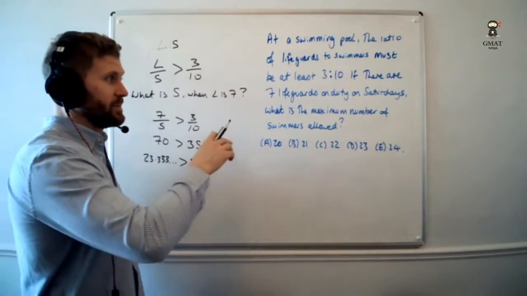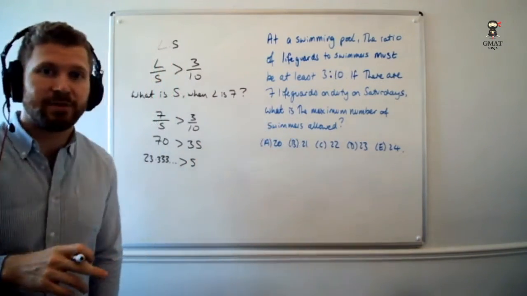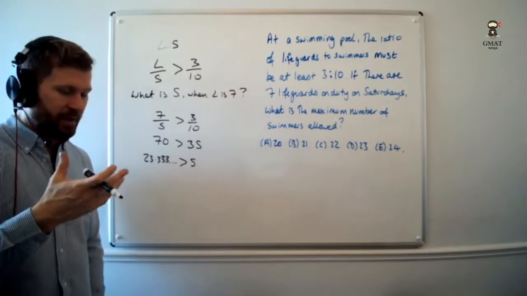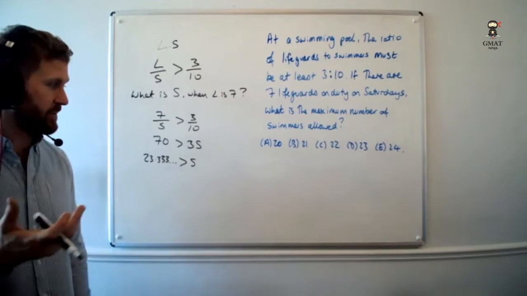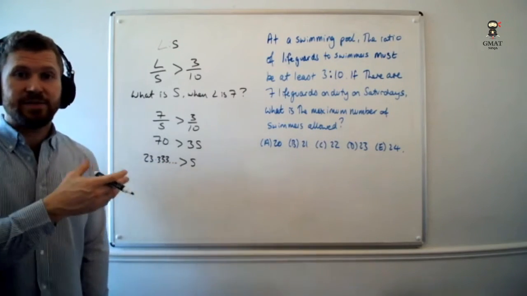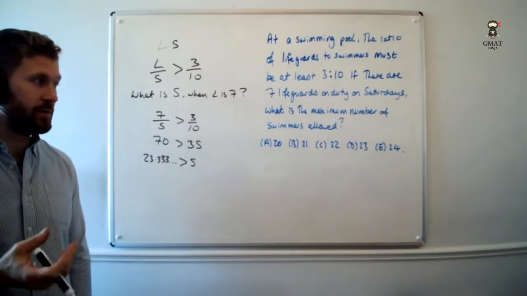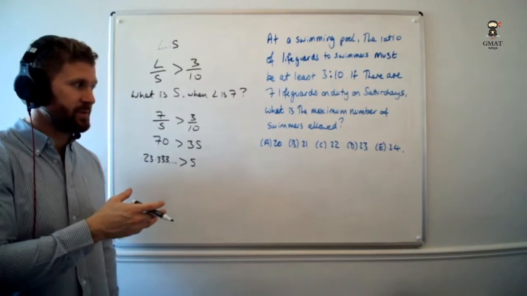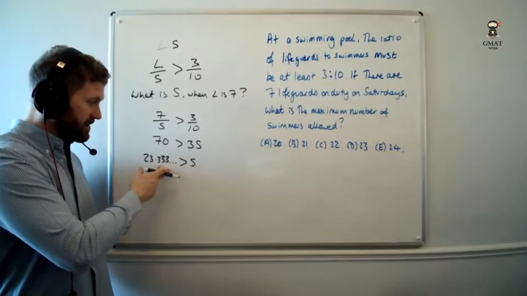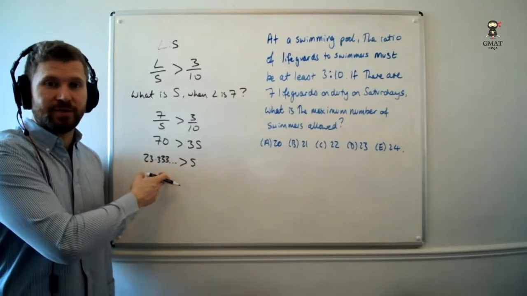But the question is asking me what's the maximum number of swimmers allowed. Now, I can't have a third of a swimmer. That would be very weird floating around the swimming pool. And so I need to round this down to the nearest whole number, because 23 will be the biggest number of swimmers that will be allowed in the swimming pool that is still less than 23.333.